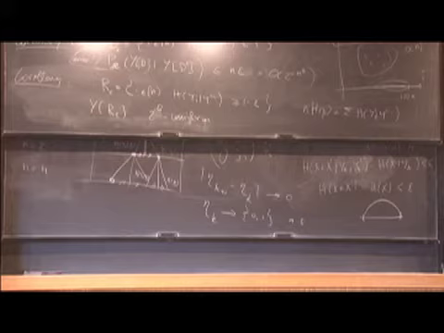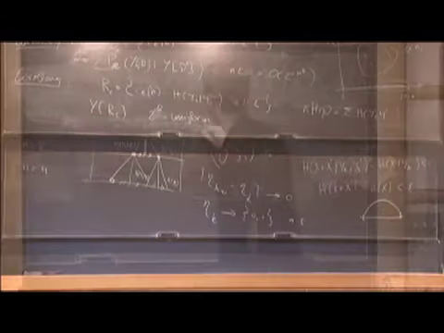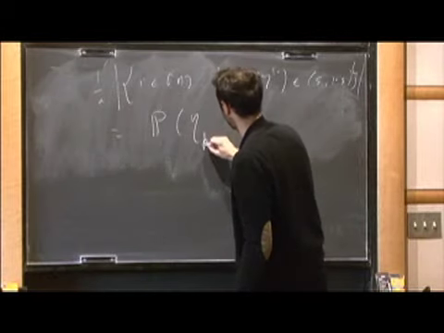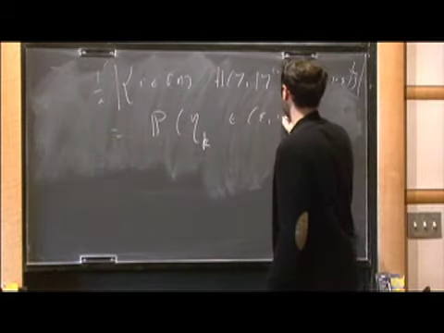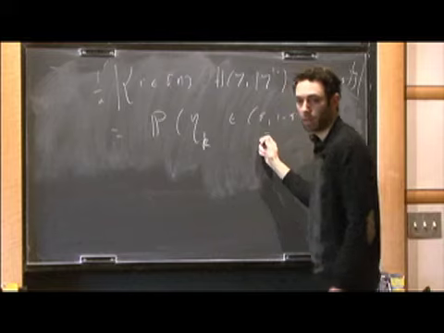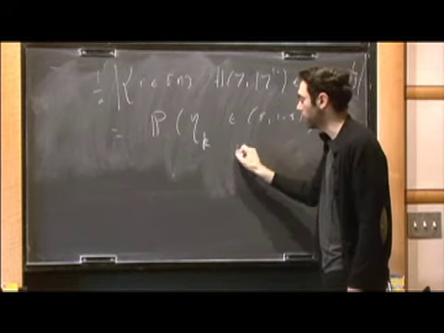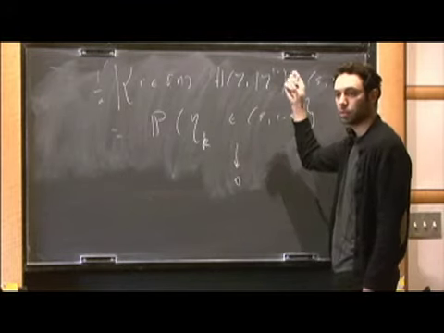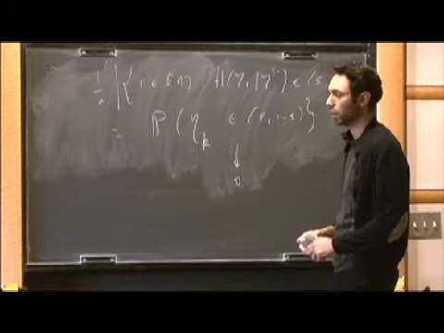This number divided by n is exactly the probability that this process, where k is log n, ends up in epsilon to 1 minus epsilon. So this goes to 0. That's the trick.